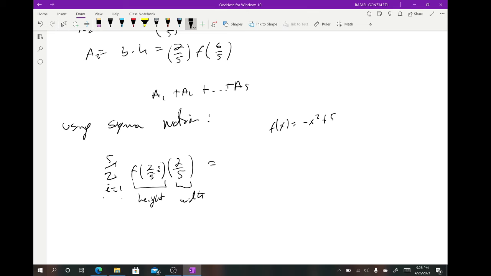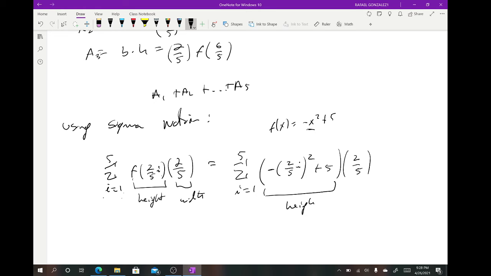So if you substitute now 2/5 I into negative x squared, we get the sum from I equals 1 to 5 of negative 2/5 I squared plus 5, times 2/5. And now this is the height, and this is still the width.